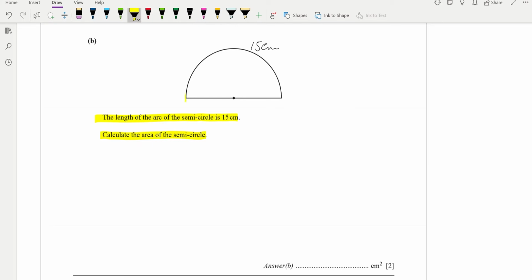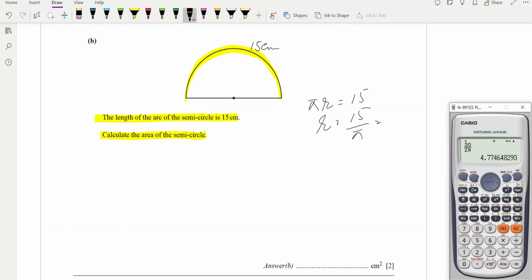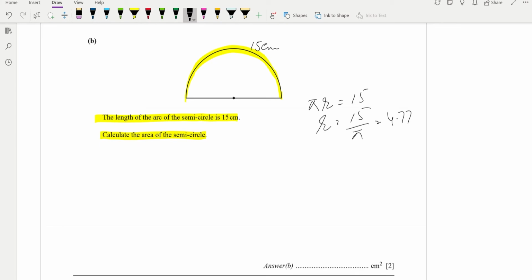Arc length is pi r, because 2 pi r is the complete circle, so pi r is equal to 15, so r will be equal to 15 over pi, which is equal to 4.77, which we have earlier calculated. This is in centimeters. This will be the radius.